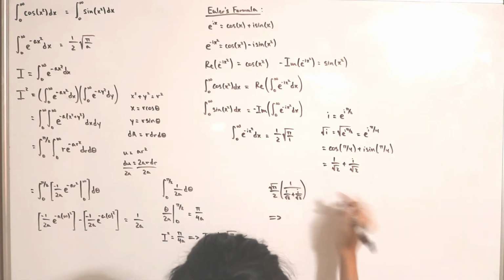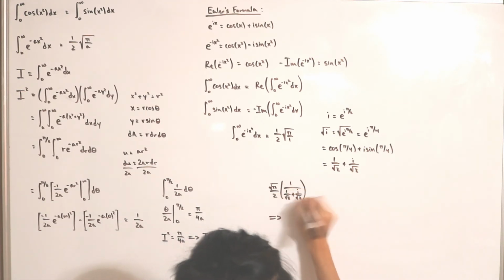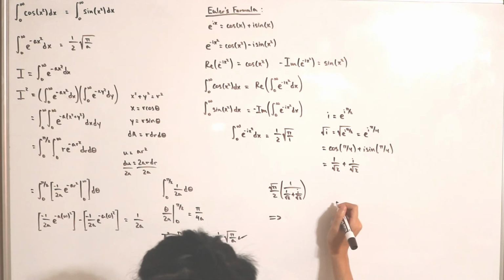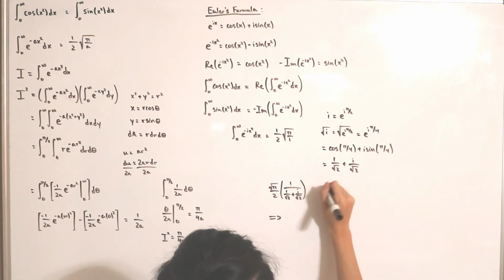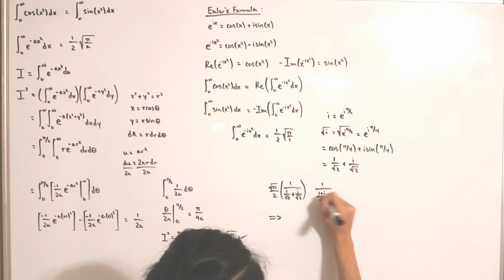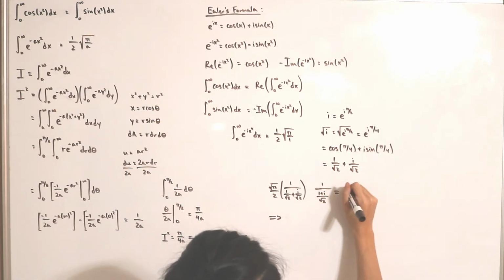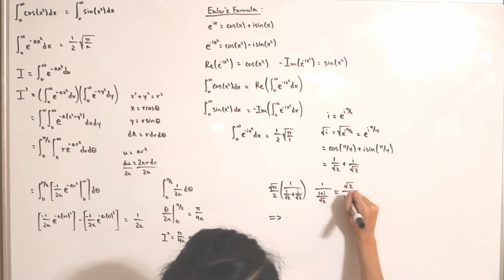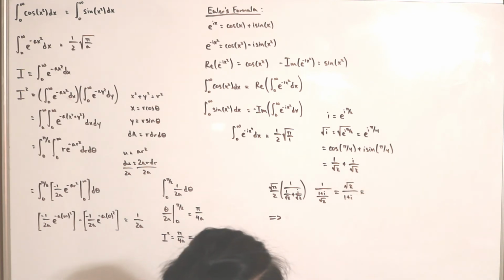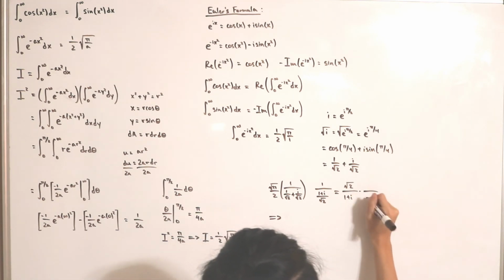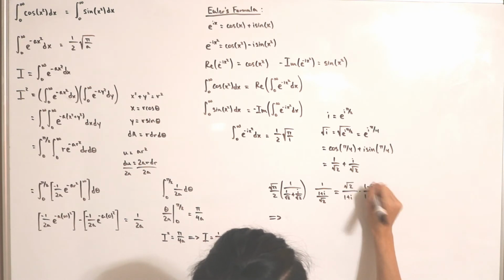We can combine them because they share the same denominator. So this is 1 divided by (1 plus i) over the square root of 2, which we simply flip as the reciprocal since it's under division. So square root of 2 divided by 1 plus i. Then I can multiply by its conjugate so we don't end up with the imaginary unit in the denominator.